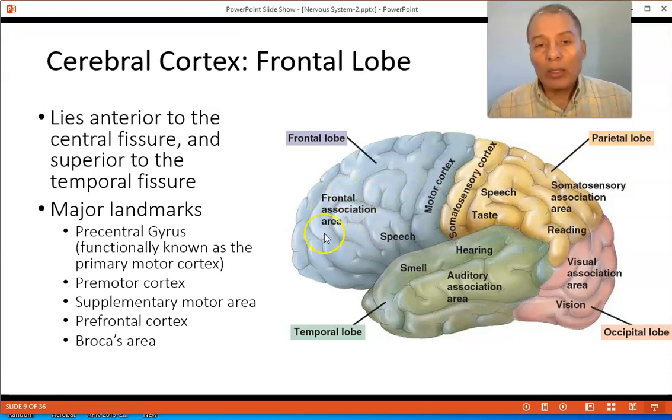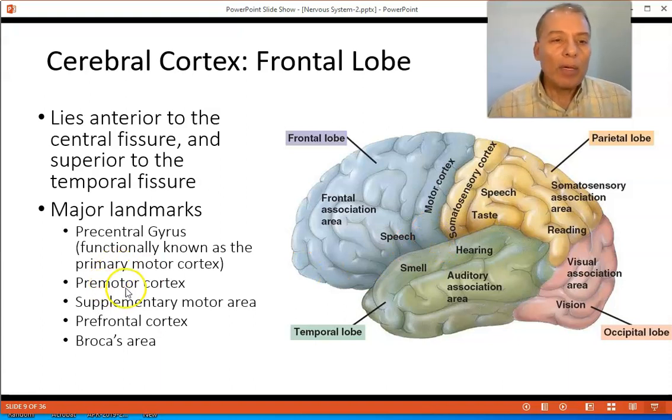But let's take different parts of it. So the biggest major landmark is the precentral gyrus. That is the precentral gyrus. And we call this gyrus the motor cortex or the primary motor cortex. It extends from the longitudinal fissure all the way down to the temporal fissure.